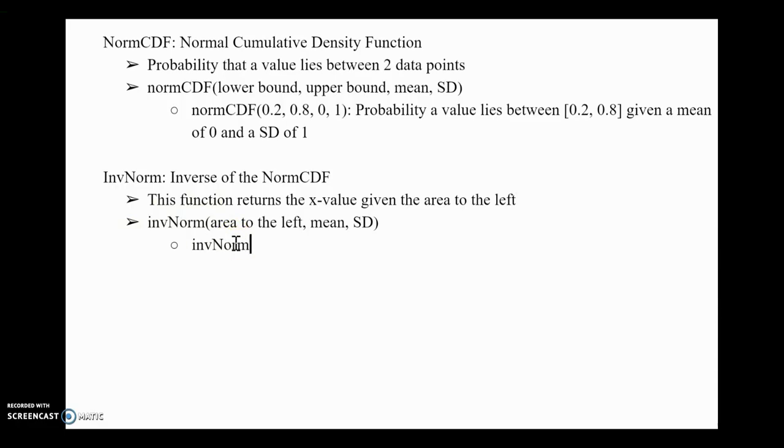So that means if I said inverse norm of, let's say 0.8 to make things easier, 0.8, 0, 1, it'll give me the x value that is the 80th percentile given a mean of 0 and a standard deviation of 1.